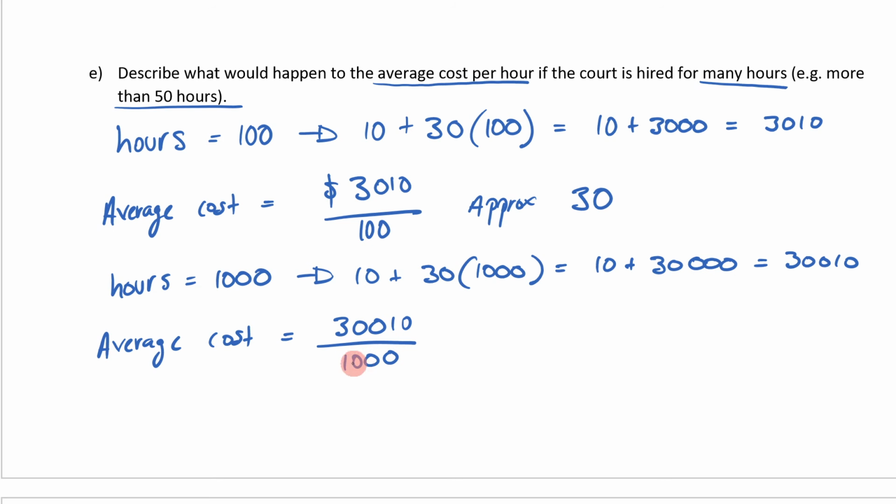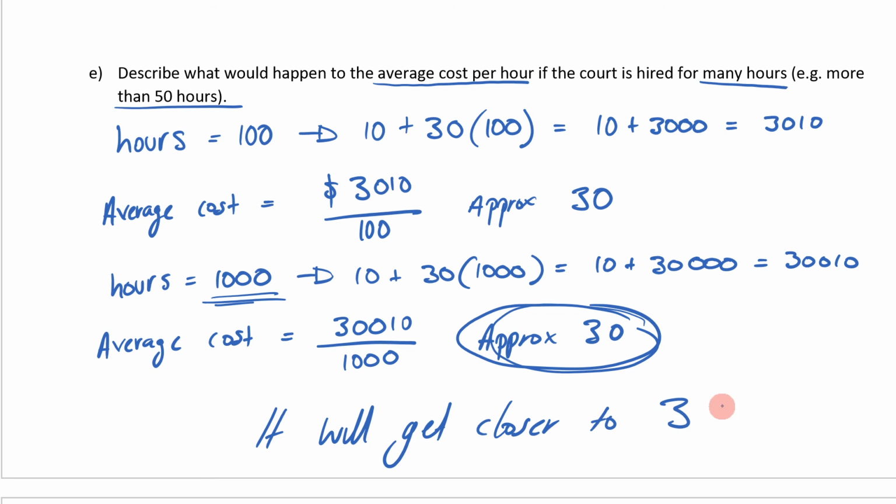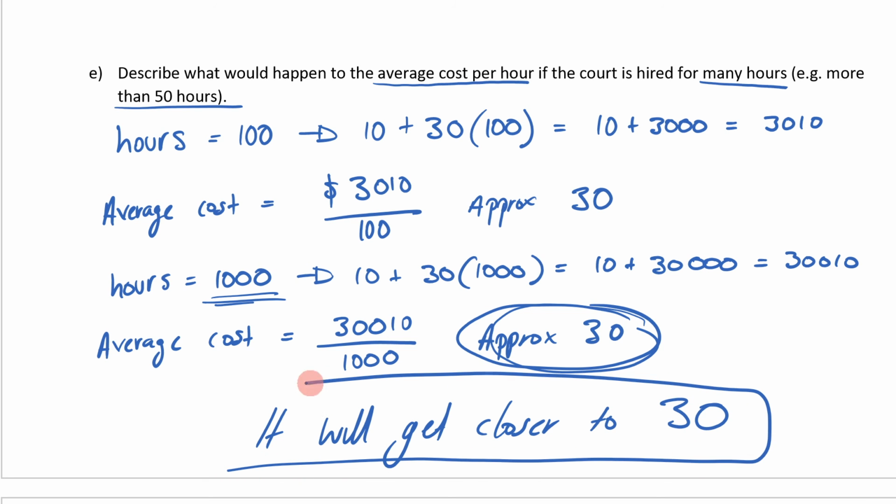Do you see how 1,000 pretty much goes into 30,000 30 times? So again, it's going to be approximately 30. And if we think about this closer, it's closer to 30 the bigger the number is. So that means our final answer here is it will get closer to 30.